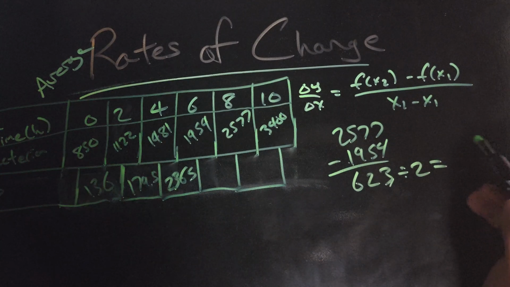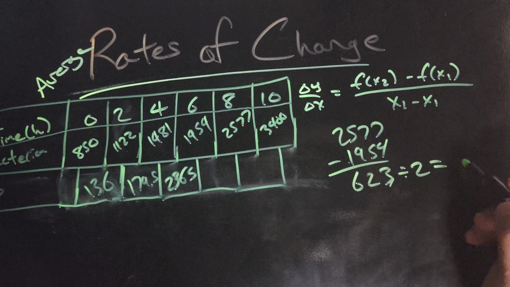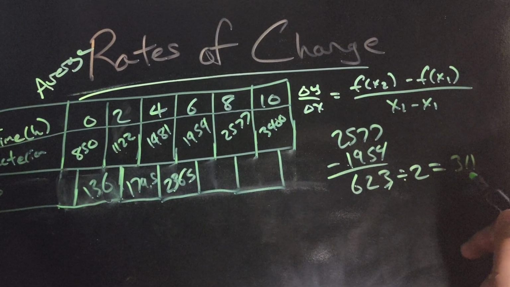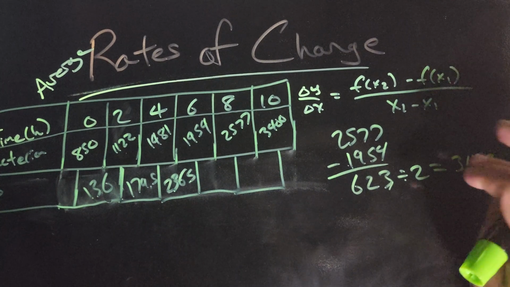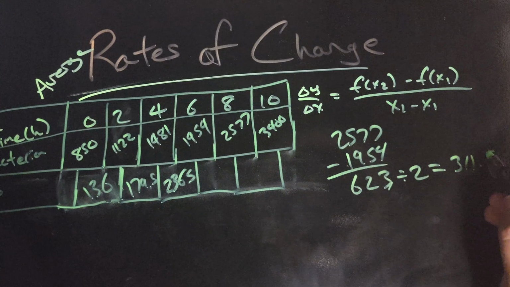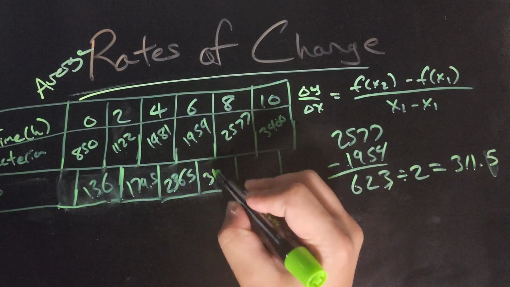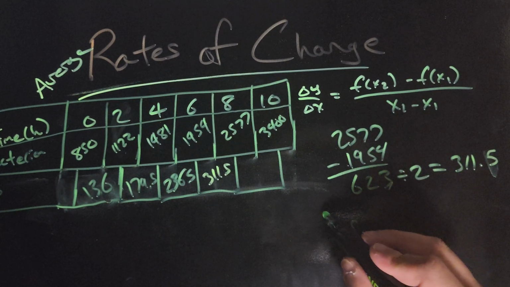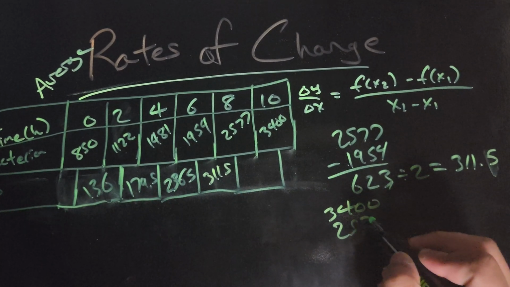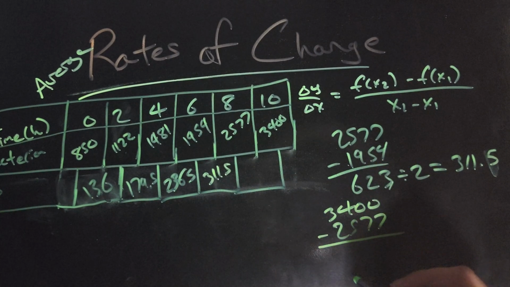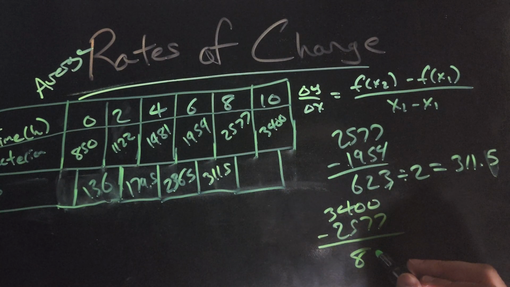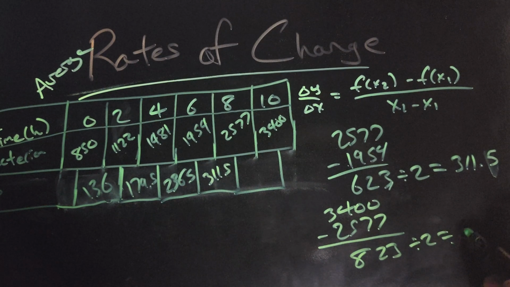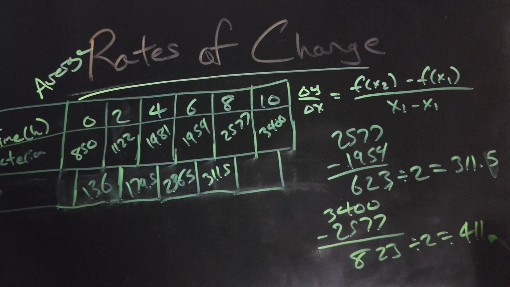I should get 311.5, and then we have 3400 minus 2577. When you subtract those two, you should have 823. You divide that by 2, you should get 411.5.